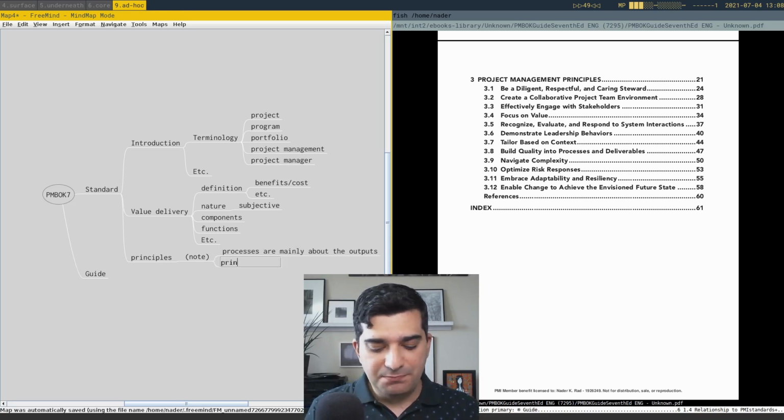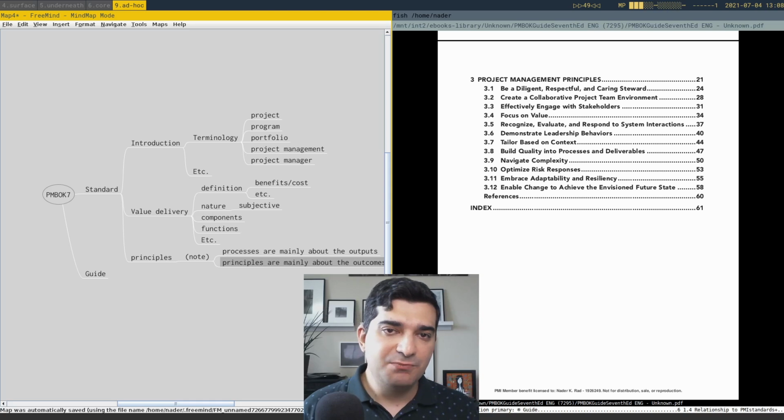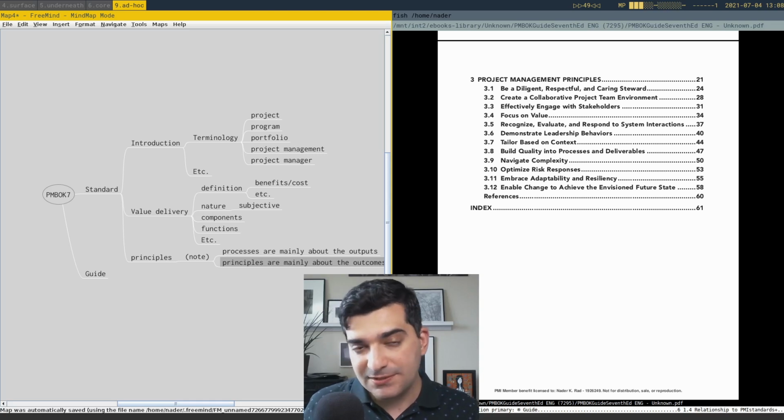But principles are mainly about the outcomes, purposes, goals, and so on. This is the important difference here. Processes are more useful when we don't start with processes, but we start with principles. And then after we gain the understanding, use it in order to form our processes.